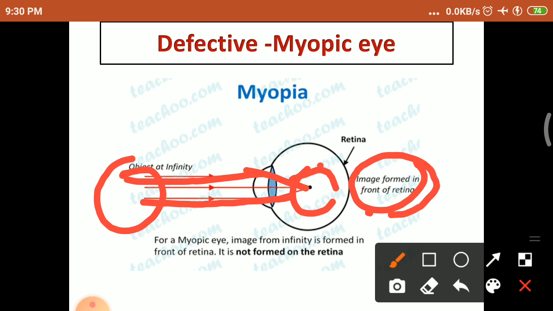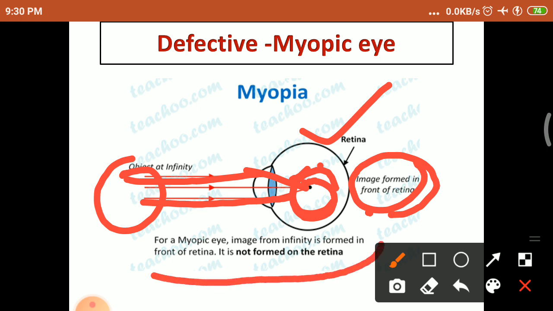Why? Because the image is formed in front of the retina. So whenever you are asked the question, you have to draw the defective myopic eye. You have to draw this diagram and write: for a myopic person, the image from infinity is formed in front of the retina. It is not formed on the retina.